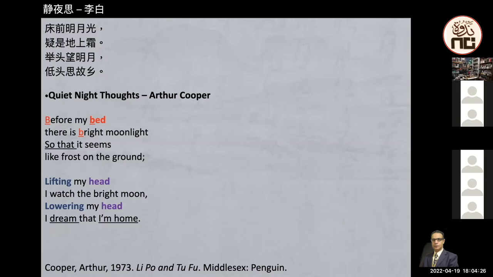Lifting my head, lowering my head, perfect rhythm in English. And then I watch, I dream, perfect parallelism. So it's matching the rhythm in the original Chinese text. But it was his choice to divide it into 2 stanzas, each a couplet.